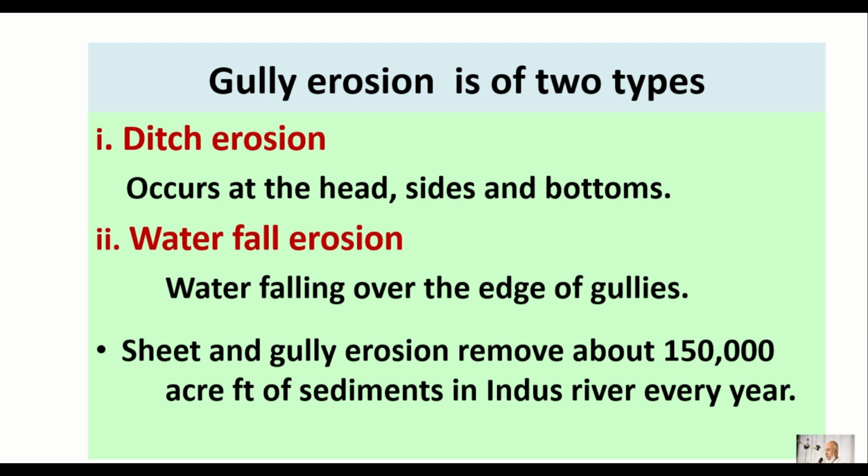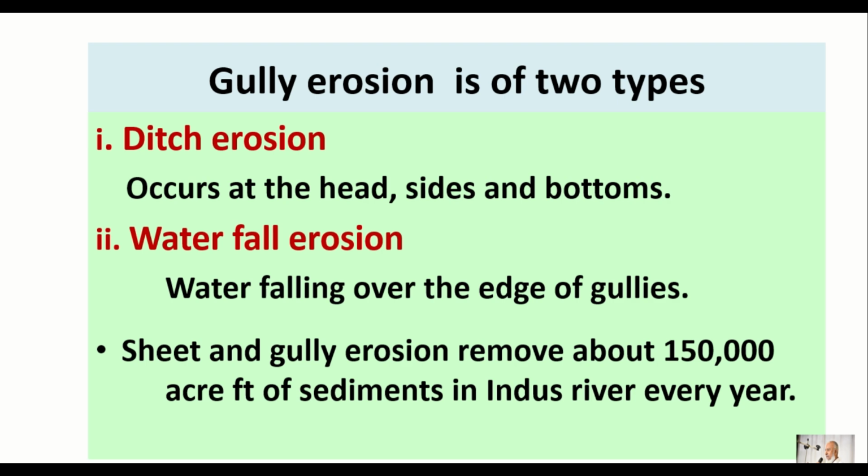Ditch erosion occurs at the head, side and bottom. When water is moving, sides are removed, heads are removed where it comes in contact with a blockage, or the bottom is removed. Waterfall erosion: water falling from a high area has a tremendous force to cause depression.